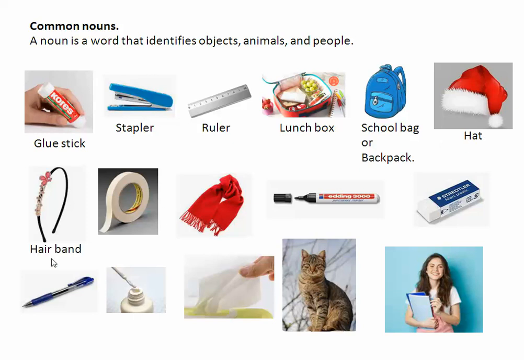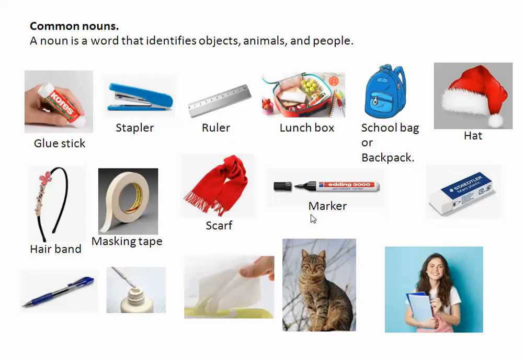We have a hairband, a masking tape. This is a beautiful scarf, a marker, an eraser, a pen, a whiteout, a wet wipe, a cat, and a girl. Okay, these are examples of common nouns.